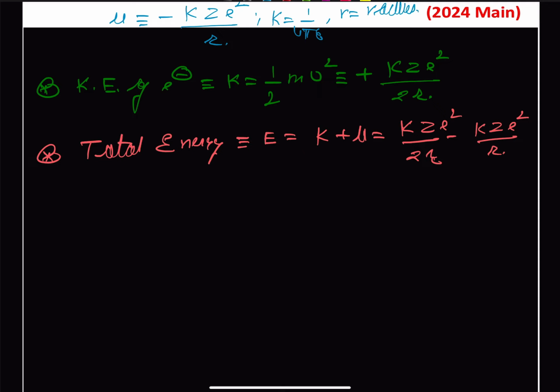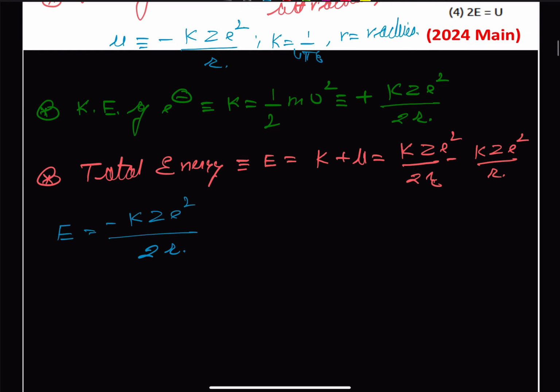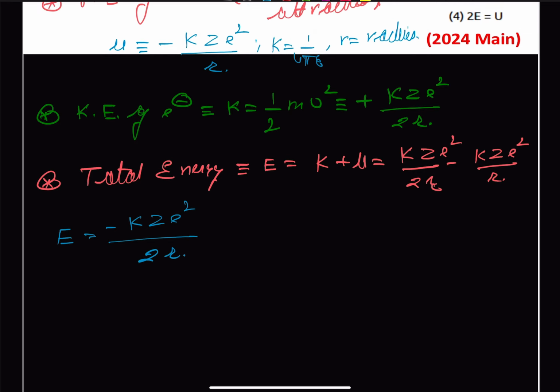So from here we solve it, we get E is equal to minus k z e square upon 2r, and from here we can write that if we separate this 2 as 1 by 2, this entire part will be our electrostatic potential energy.